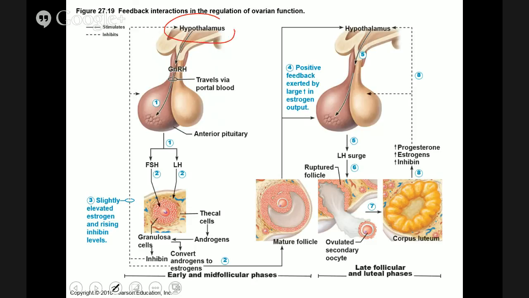So the hypothalamus produces gonadotropin-releasing hormone, which is going to travel down to the anterior pituitary. Anterior pituitary is going to produce two hormones, follicle-stimulating hormone, which is going to help with the development of the follicle, and luteinizing hormone, which is going to be responsible for the secretion of the estrogen and progesterone.